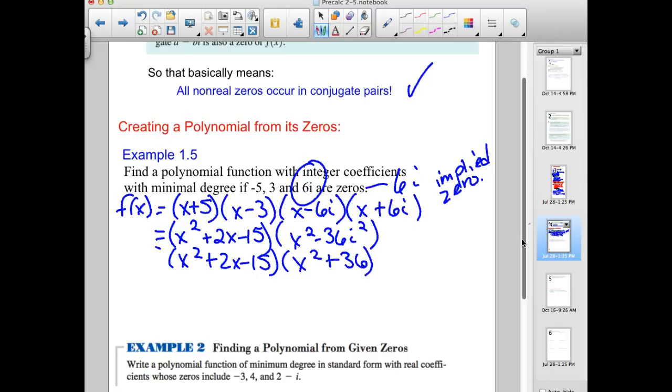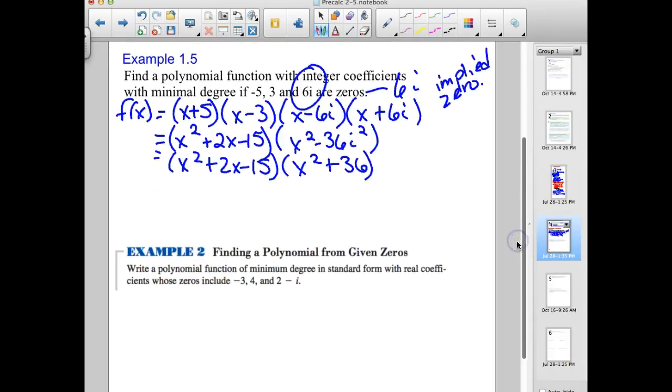All right, and then we want to multiply that all out. We are looking for the polynomial. So x squared times x squared would be x to the fourth. X squared times 36 is 36x squared. 2x times x squared is 2x cubed. 2x times 36 is 72x.